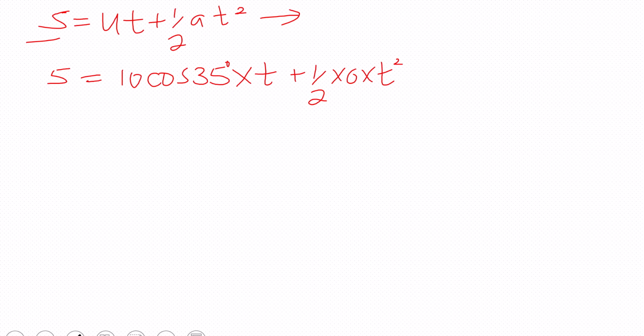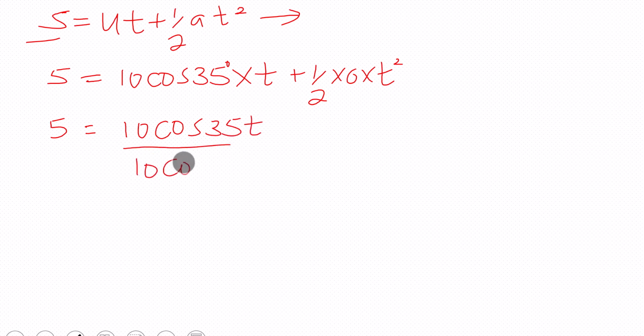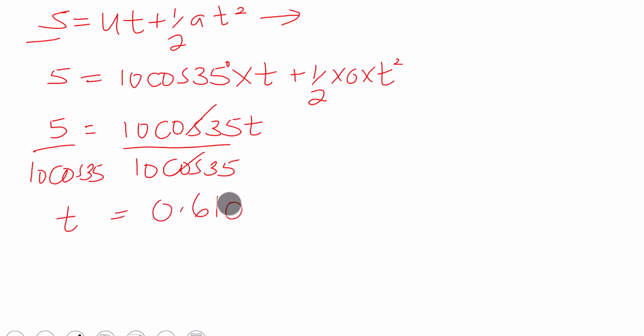So here we're going to have 5 equaling 10 cos of 35 t. We can divide by 10 cos of 35, and this will go with that, and we will remain with our time equaling 0.610 seconds. So this is the time taken by the particle to cover a distance of 5 meters horizontally.